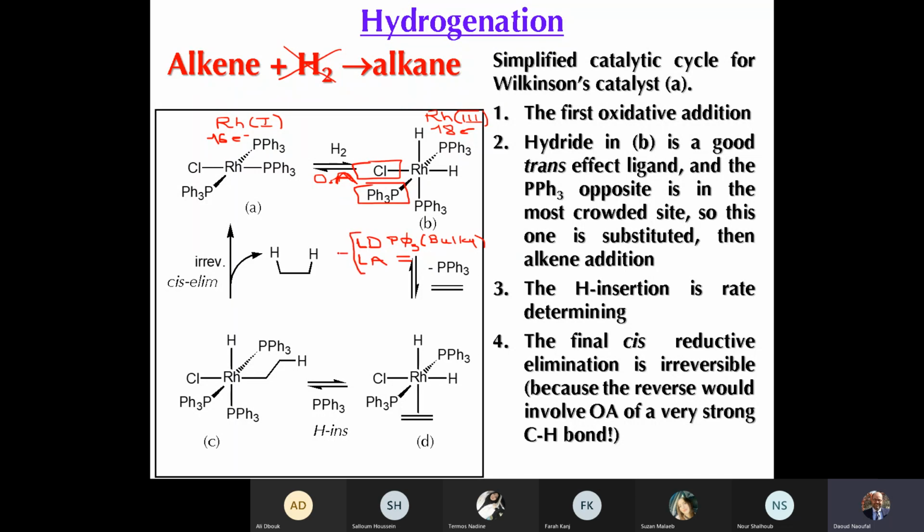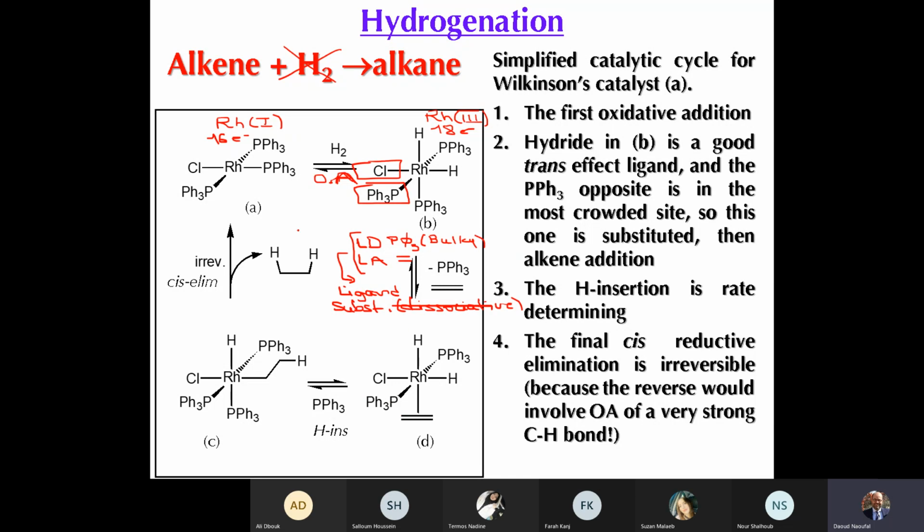This is identical if he writes ligand substitution, and the substitution is in the dissociative pathway since the complex is saturated. So we have ligand addition, then ligand dissociation, then ligand addition, or simply we have ligand substitution.